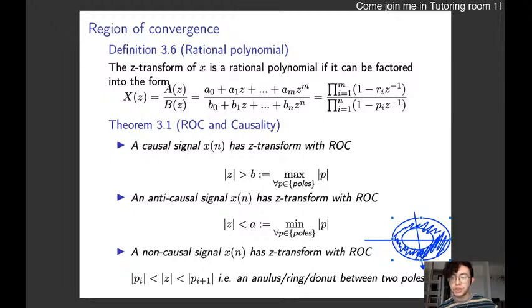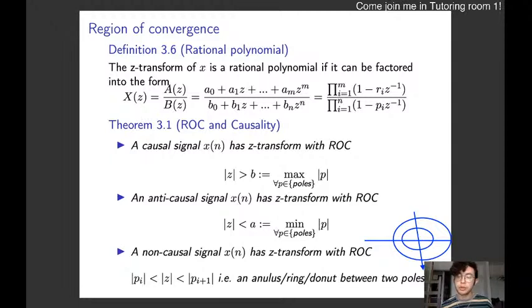The ROC cannot contain any poles in it. That's the whole point of talking about these circles. There's going to be no poles within this shaded region. Just to really emphasize that. But you'll get this donut if you want a non-causal signal.